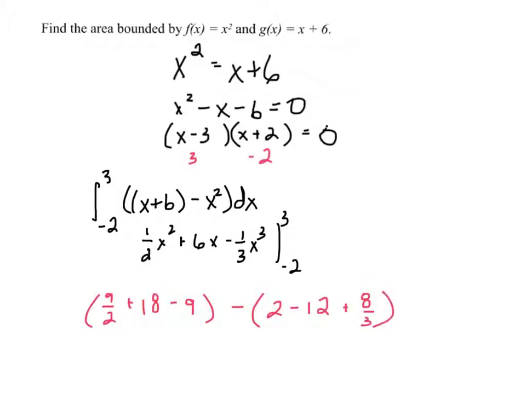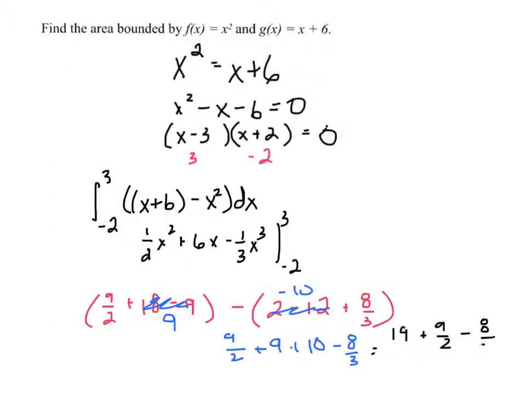Maybe do a little simplifying here. 18 minus 9 is just 9. 2 minus 12 is -10. So we could get rid of parentheses. We'd have 9/2 plus 9 plus 10 minus 8/3. So we'd have 19 plus 9/2 minus 8/3.